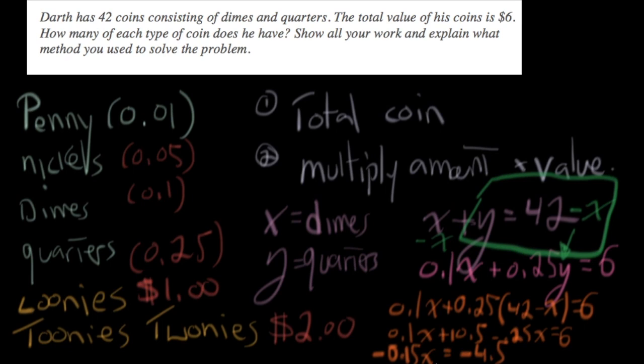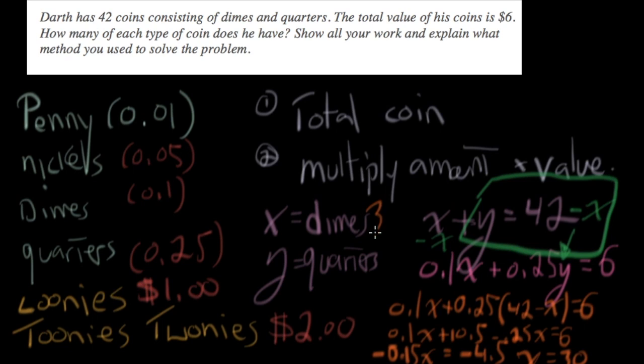Divide both sides by 0.15. And you would get 30. x is equal to 30. So you know that there are 30 dimes.